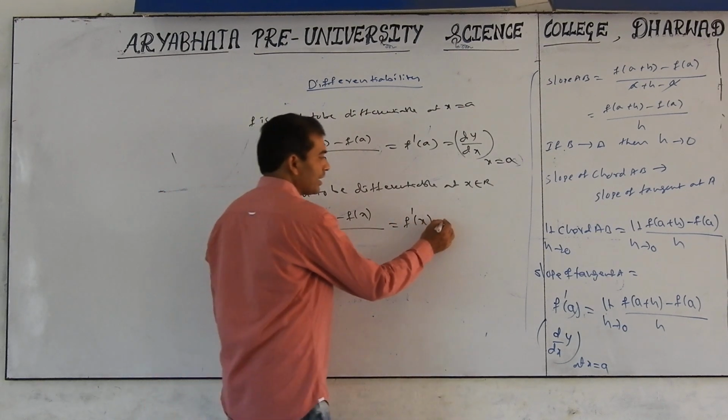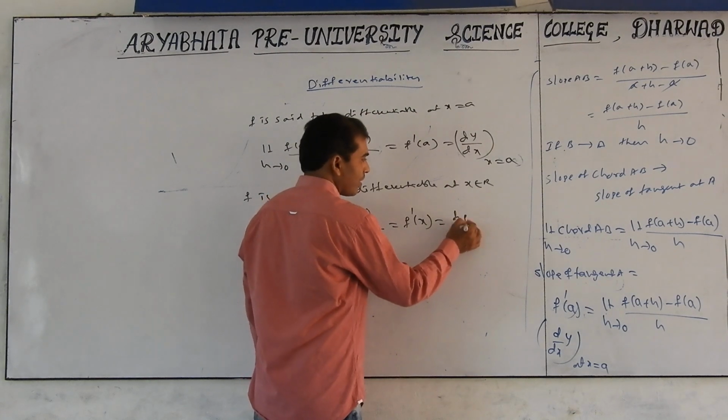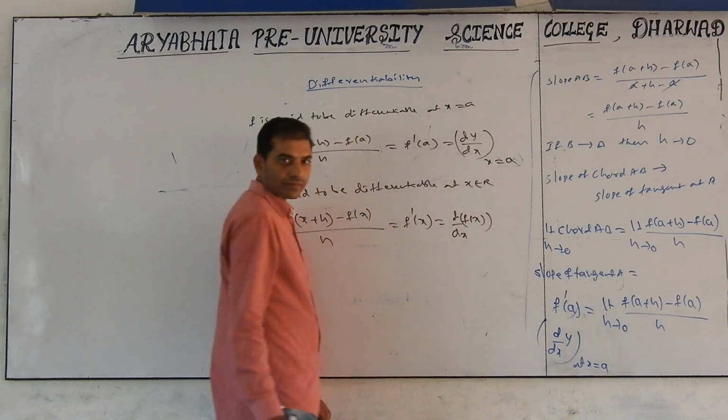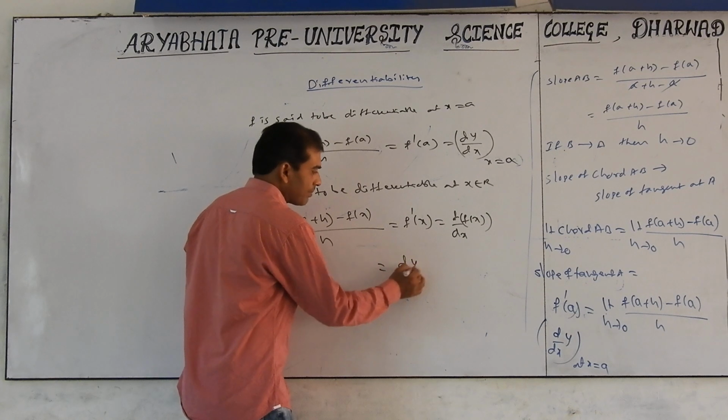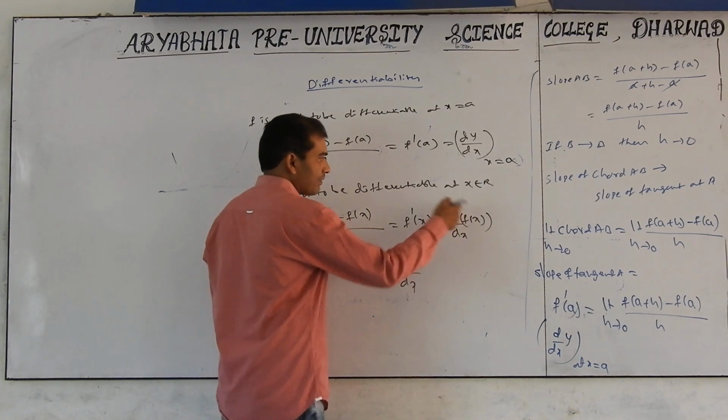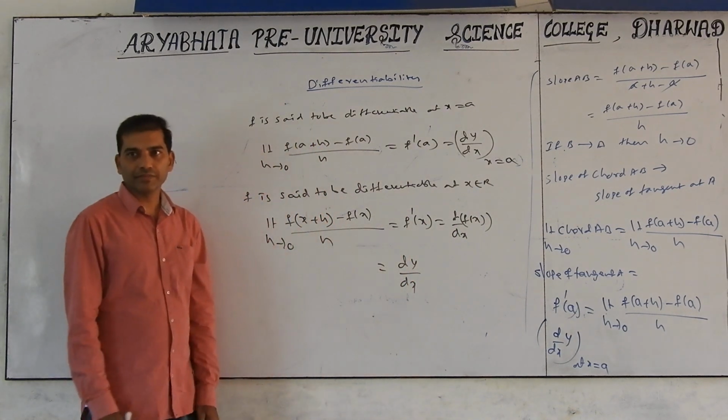This is denoted by d by dx of f of x and dy by dx. y and f of x are both the same.